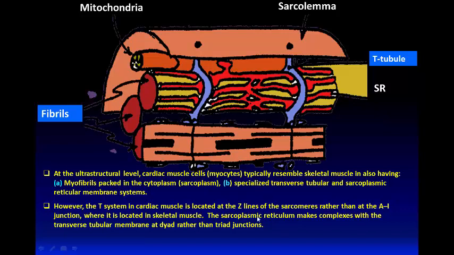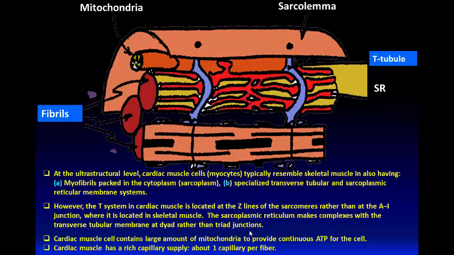The sarcoplasmic reticulum makes complexes with the transverse tubular membrane at dyads rather than triad junctions, which we have in the skeletal muscle fibers.